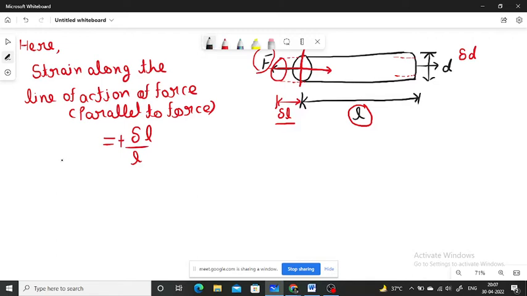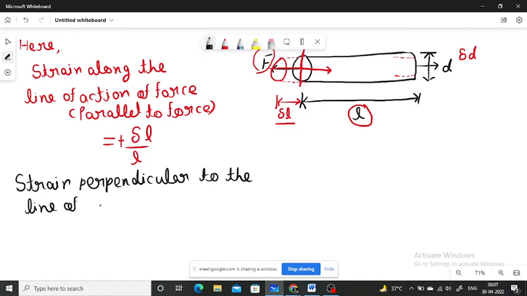Now, strain perpendicular to the line of action of force will be equal to the, here the dimension which is perpendicular to the line of action of the force is diameter, and the change in diameter of the shaft is delta d, and the initial diameter of the shaft is d.